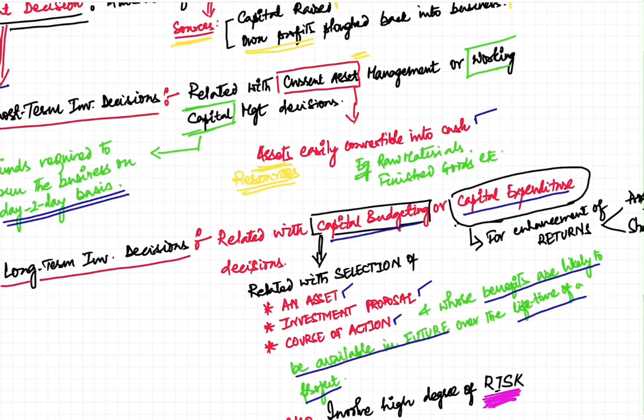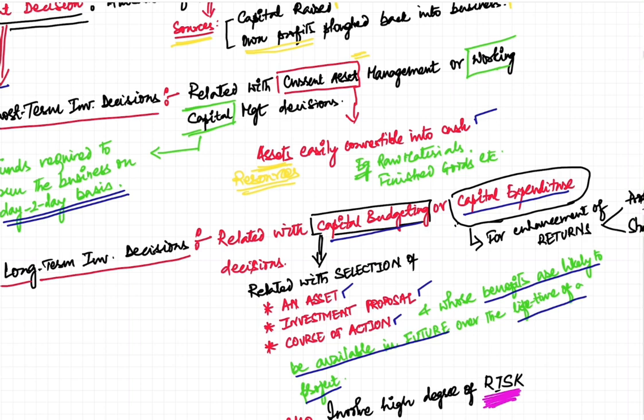In other words, put it simply, you start a business, you employ capital, right? By selecting an asset, by selecting an investment proposal and deciding how to earn the business, how to run the business, simply for the simple reason that you anticipate benefits.